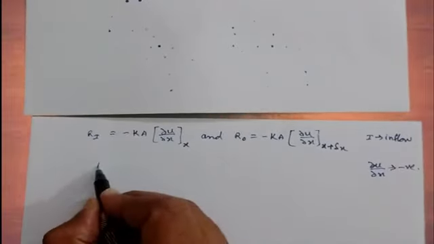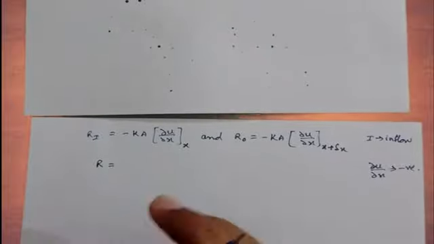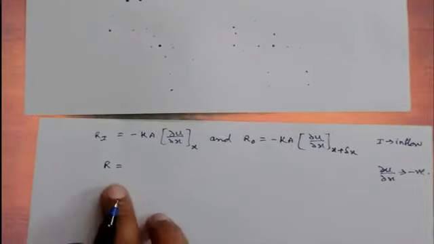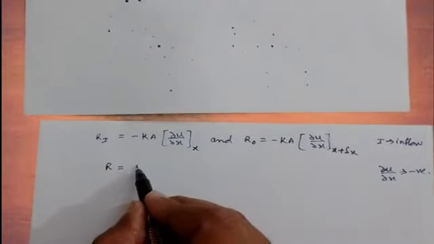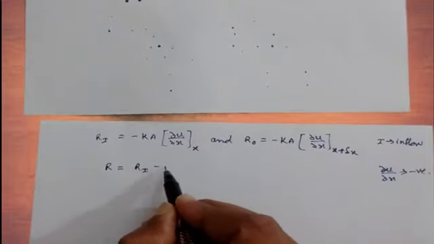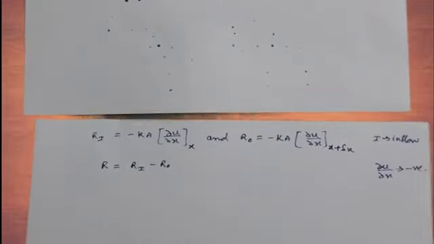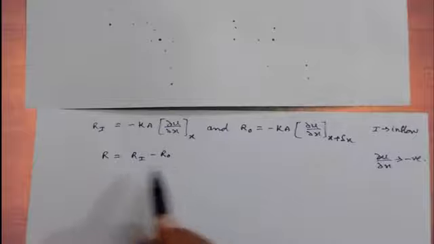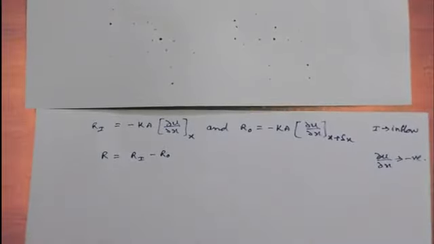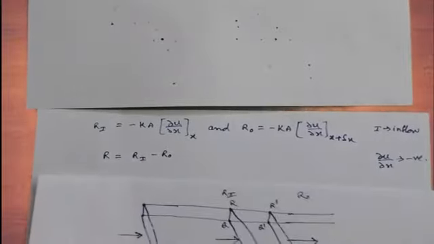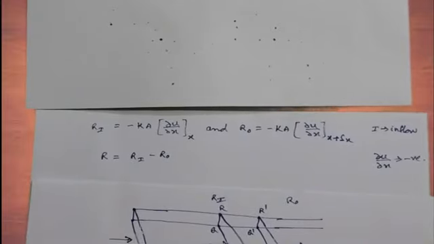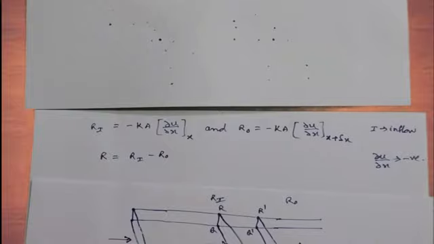So what will be the rate of increase in the temperature? R will be nothing but the rate of inflow minus the rate of outflow. That will be the rate of increase in the heat. So how much heat is being increased when the heat enters from here?